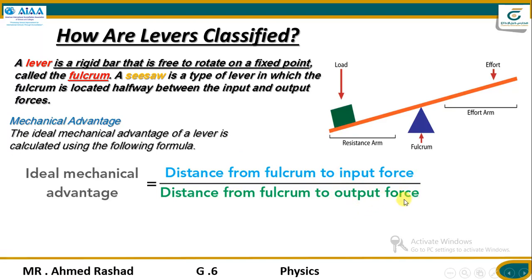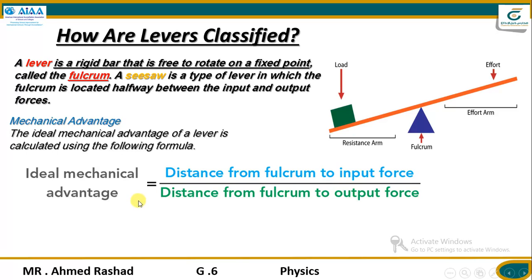Again, in the lever, we divide the distance from the fulcrum to the input force by the distance from the fulcrum to the output force. Now we have three classes of levers.